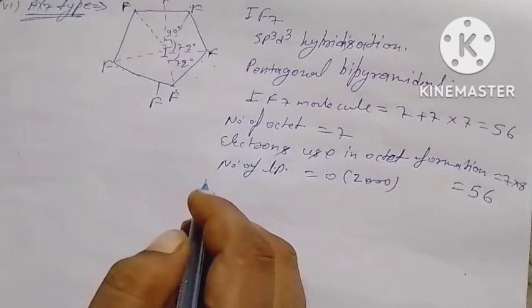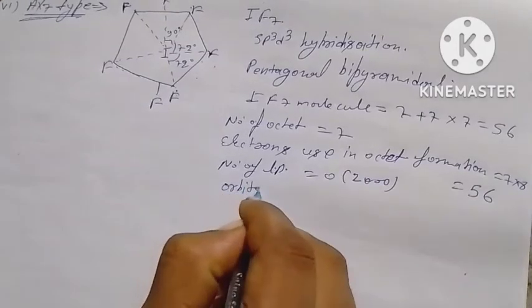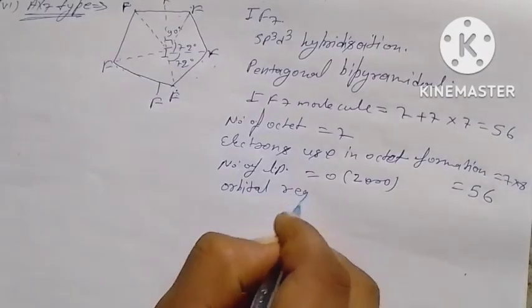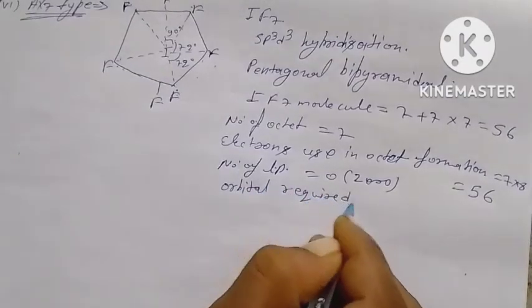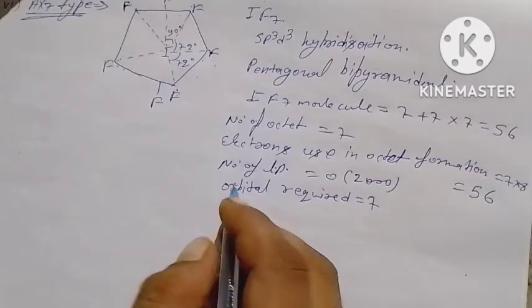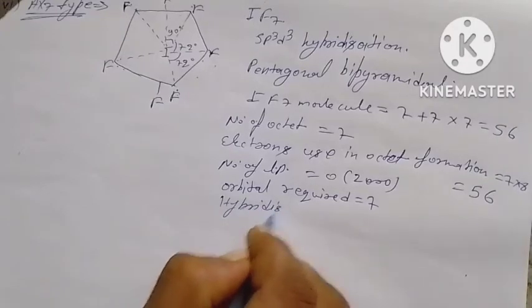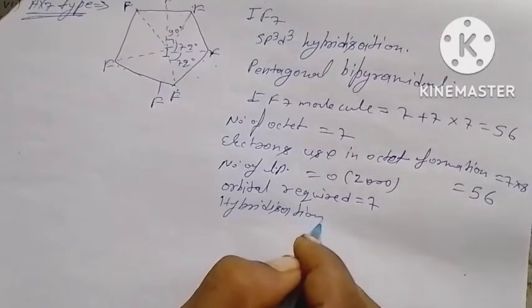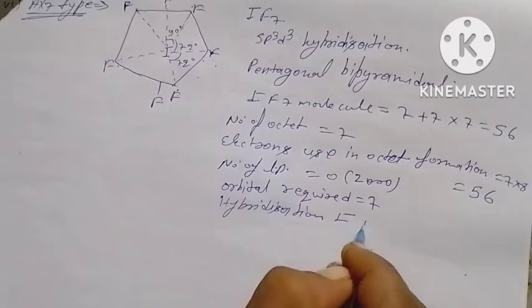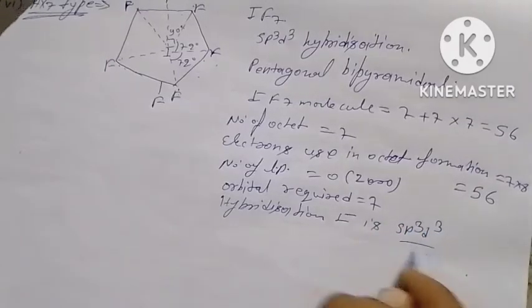The orbital required is 7, and the hybridization of I is sp3d3.